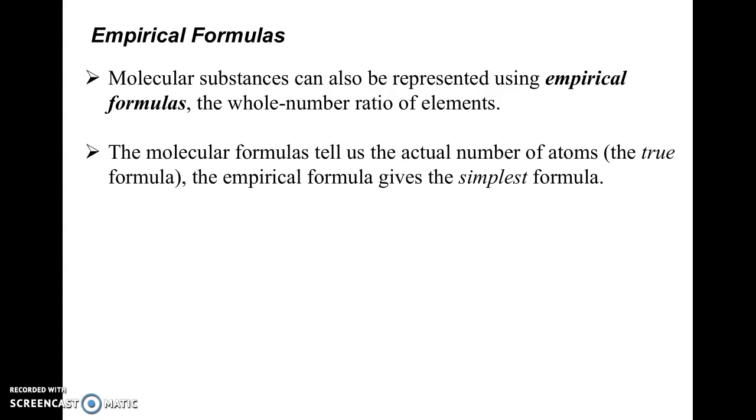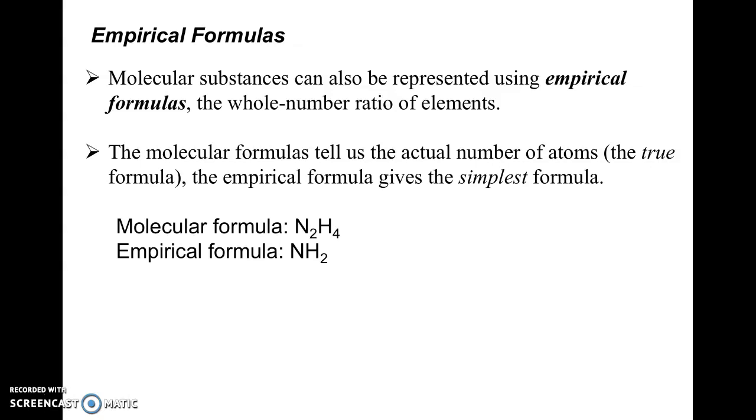Another important kind of formula is the empirical formula, and this is not the formula that tells you exactly how many of each atom you have, but it gives you the whole number ratio. It's the simplest formula.